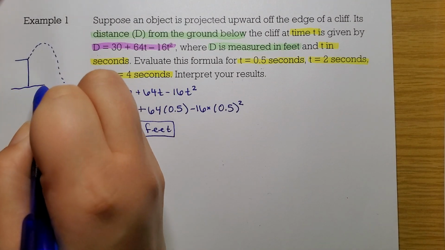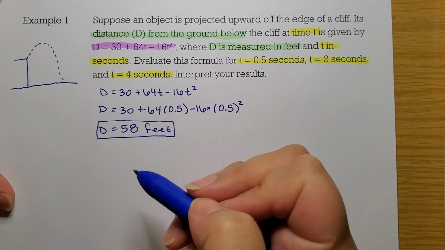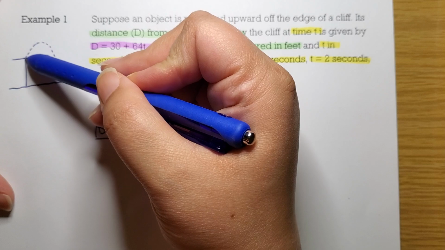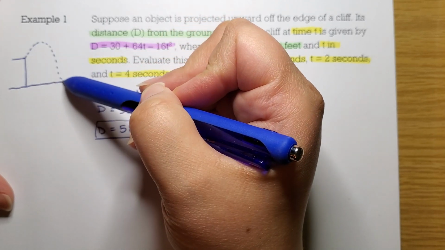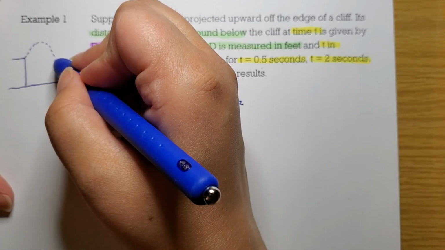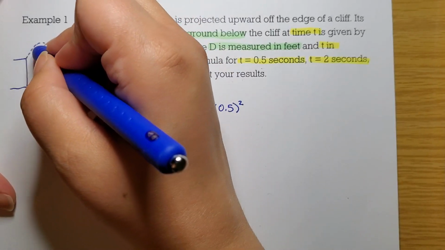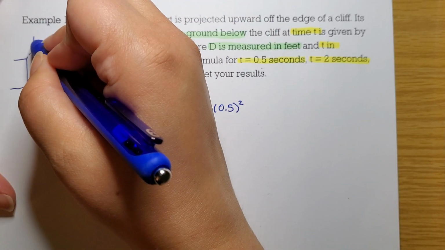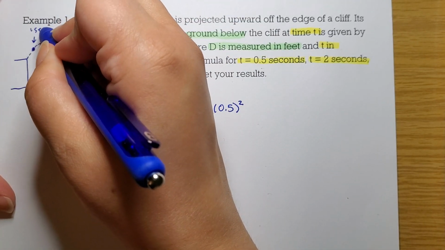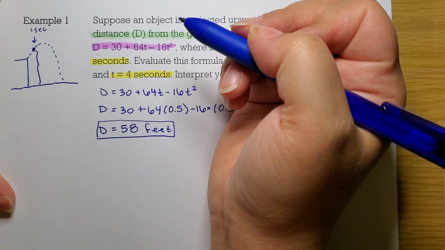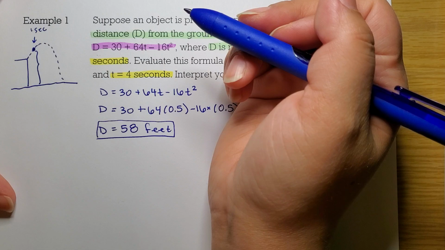So here's the ground below. So basically what this formula says, you throw the ball at time 0, and then it goes up for a little bit, and then it comes down and crashes into the land. So if I want to know how high the ball is, say, a second after I throw it, right? So maybe this is 1 second later. This formula tells me how high it is above the ground. That's basically what's going on.